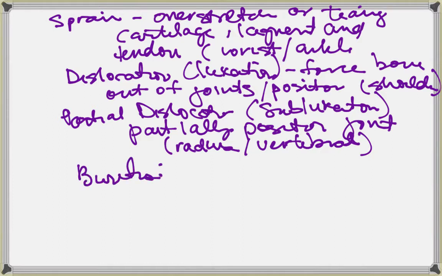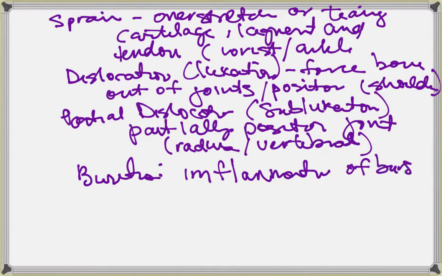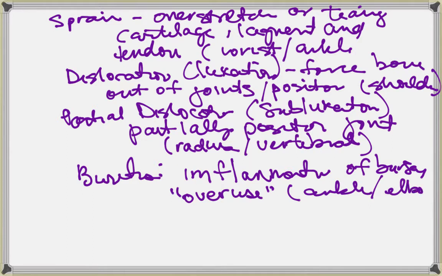Bursitis is inflammation of the bursae. And this is caused by overuse. So you can think of this in the ankle or elbow, and it's what's known as tennis elbow.